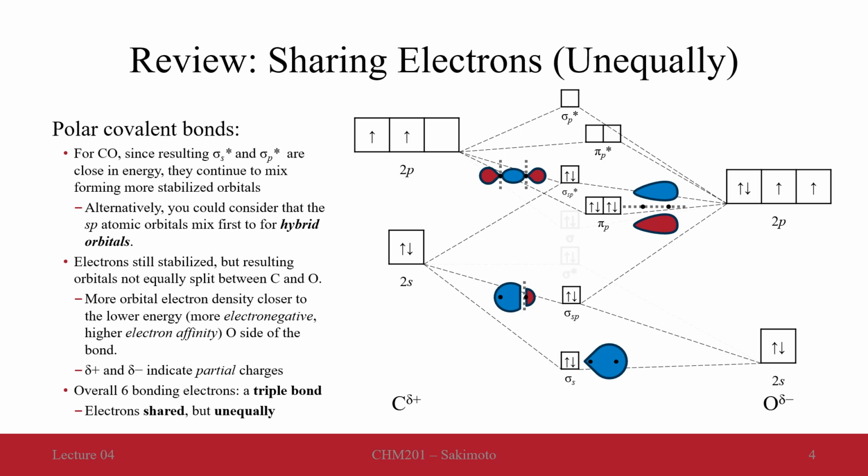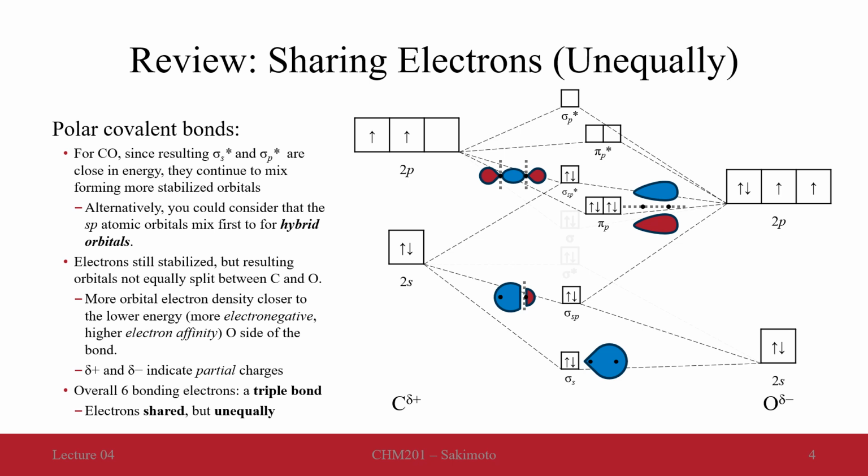In this case, we fill up 1, 2, 3, 4 bonding orbitals that have electrons between our two nuclei that hold these two atoms together. But we only fill one antibonding orbital, which weakens those 4 bonding orbitals. Overall, 4 minus 1 gives us a net 3 bonding interactions. So we would call this, in some parlance, a triple bond, 3 pairs of electrons holding carbon to oxygen.